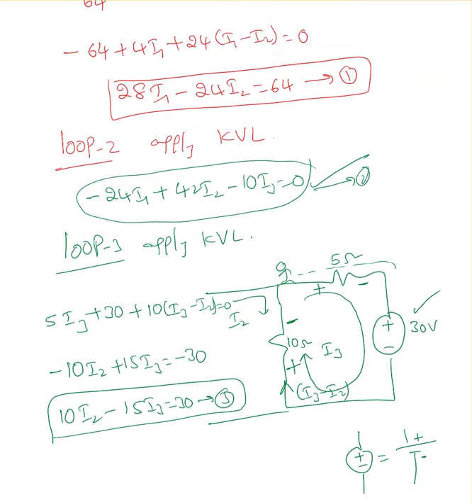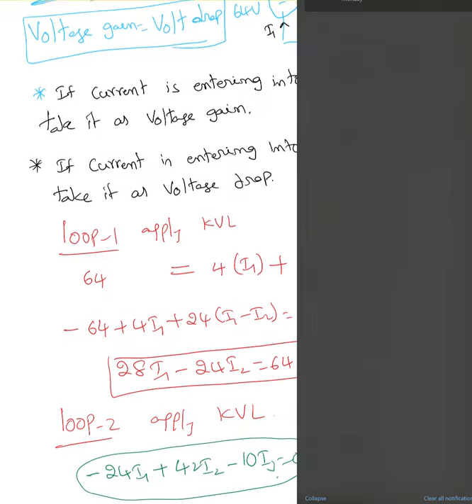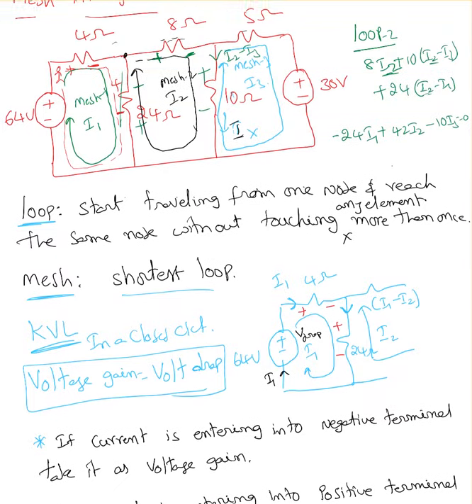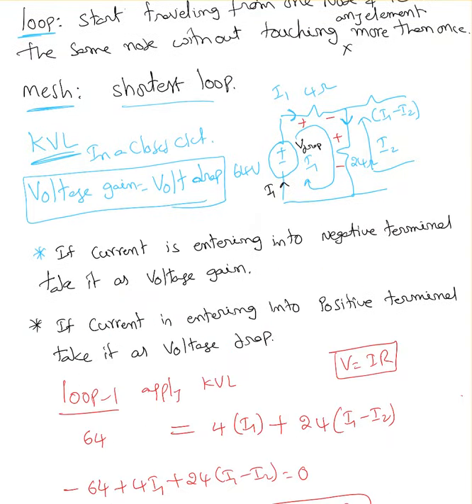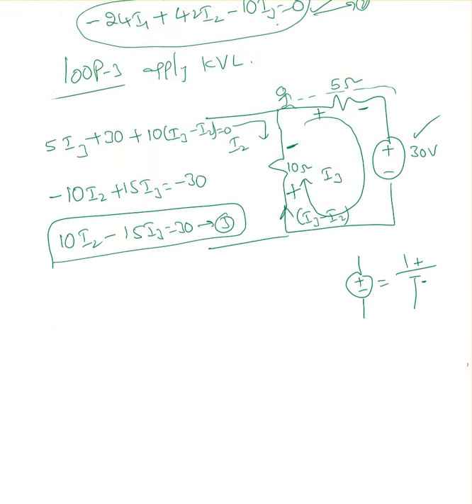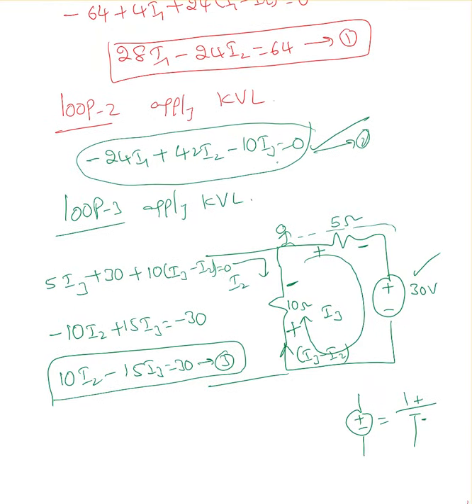So here I have 3 equations, 1, 2, 3, and 3 unknowns. Once I find those 3 unknowns, we can find the needed parameter Ix. Okay, how to solve those 3 equations with 3 unknowns? There are many ways. You can use the matrix format or you can use the substitution method.